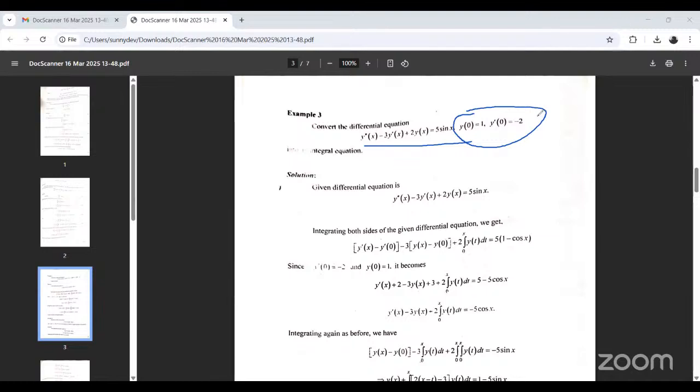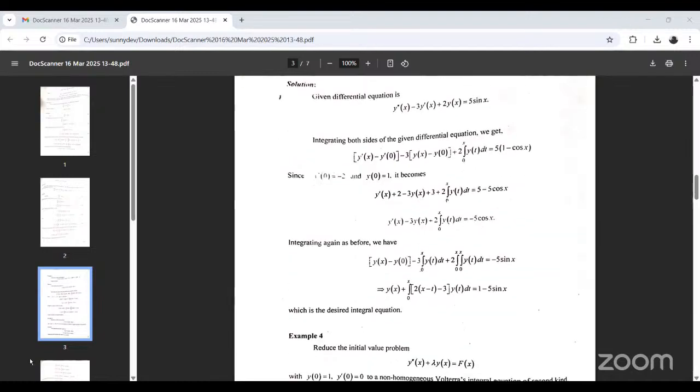Now the given differential equation is y double dash of x minus 3 into y dash of x plus 2y of x equal to 5 into sin x.